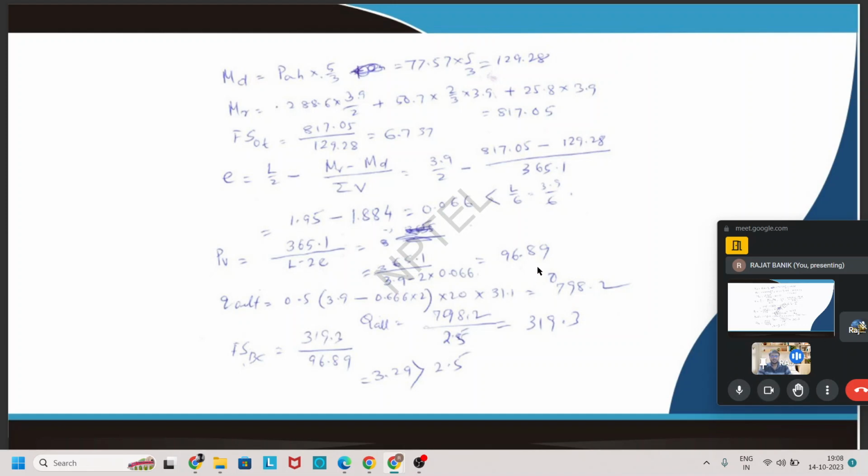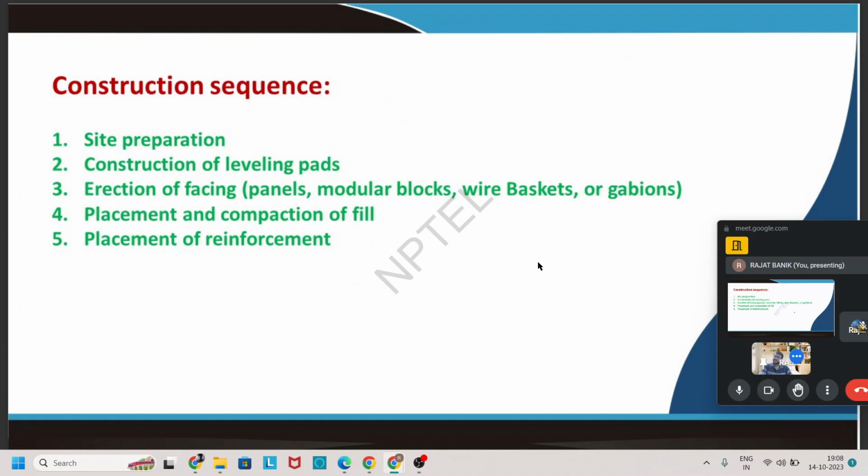Now further we bring ahead the construction sequence of the mechanically stabilized retaining wall.